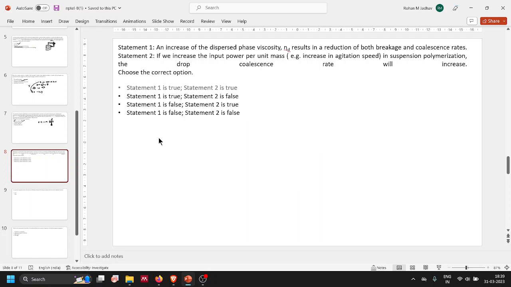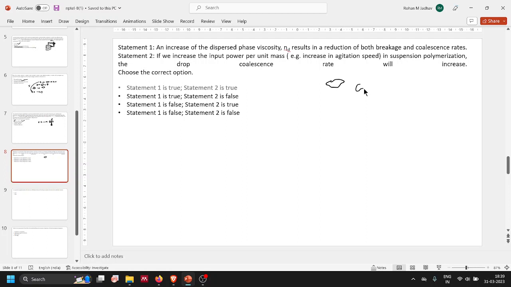And coalescence rate will also decrease because, for example, if there is a droplet like this with a high dispersed phase viscosity, because of high viscosity, as it deforms further, the breakage will stop. The breakage will be prevented.